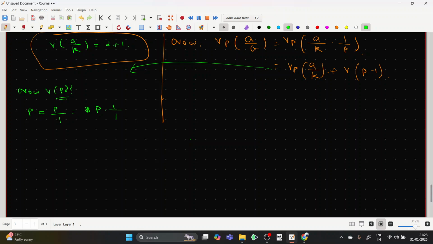Now p is a prime number, so it's obviously not 1, so p won't divide this either. So the valuation of p is just 1, which implies that the valuation of the inverse of p, which we had proved in the previous case to be minus v_p, is minus 1.